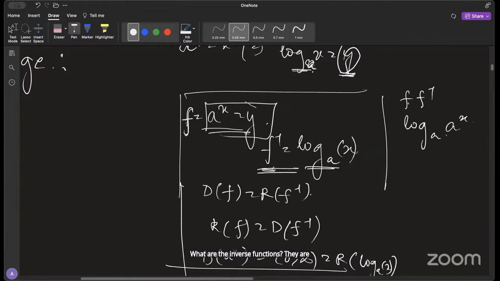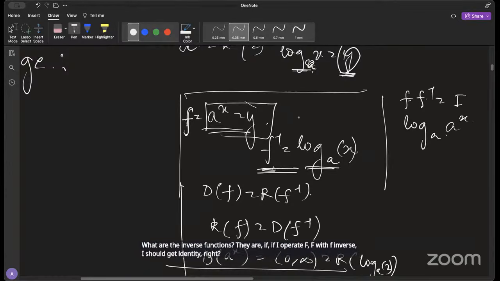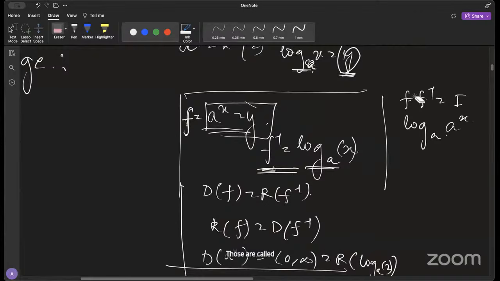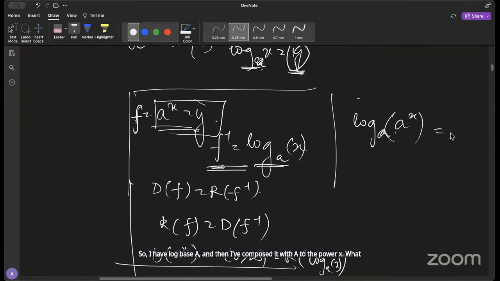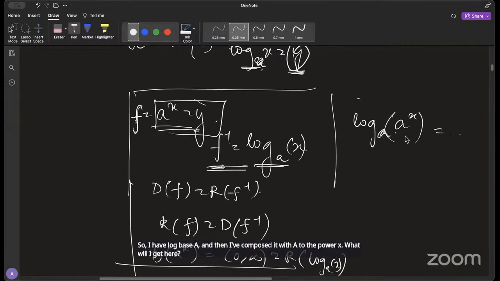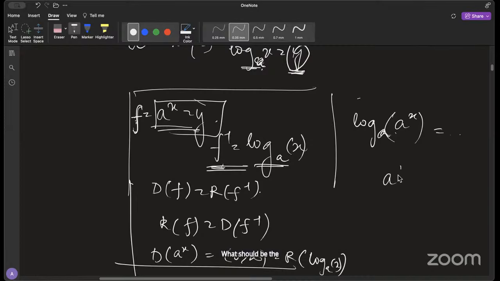What are the inverse functions? If I operate f with f inverse, I should get identity, right? Those are called inverse of each other. So I have log base a, and then I've composed it with a to the power x. What will I get here? What should be the power of a such that I get a to the power x?